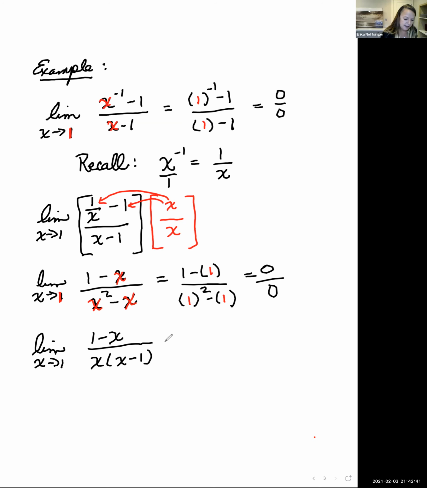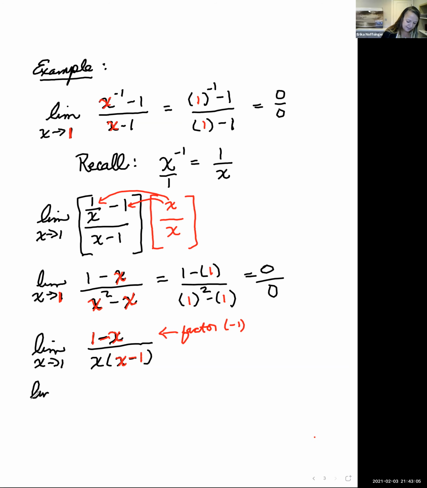But notice these factors are almost identical. This 1 minus x factor and this x minus 1 factor. They're off by a negative 1. So let's factor out a negative 1 from the numerator, and then we'll have identical factors in the numerator and denominator that we can cancel.